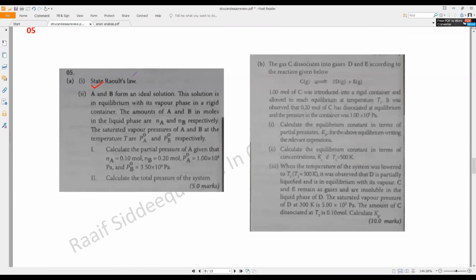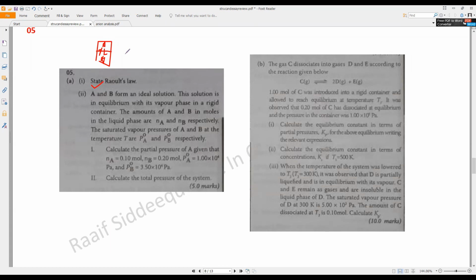You can mention this in your own words, or you can explain using a small diagram. You can show a small closed system, and show the equilibrium between the liquid and gas phase, when a compound is equilibrated in the solid and gas phase, or liquid and gas phase. For example, let's say A and a gas here on the top.